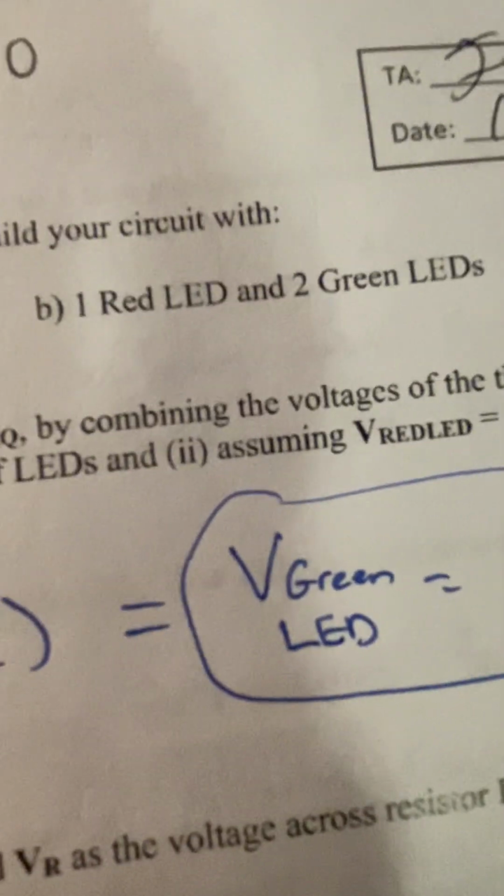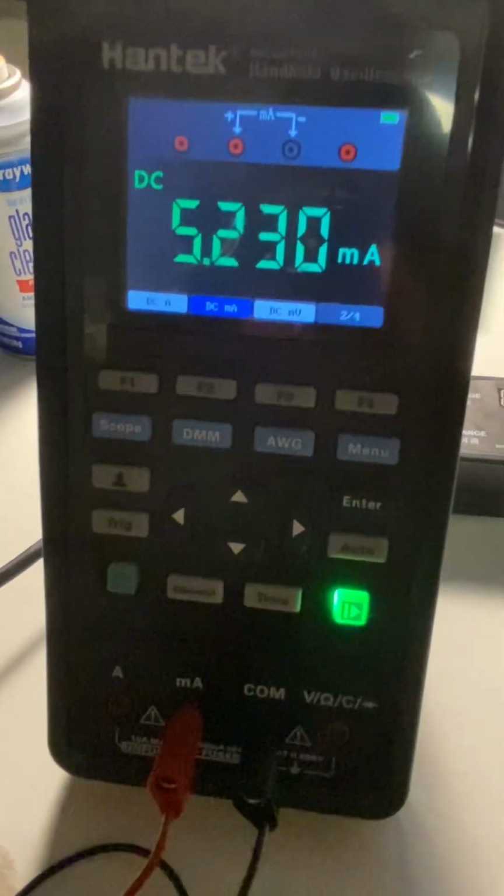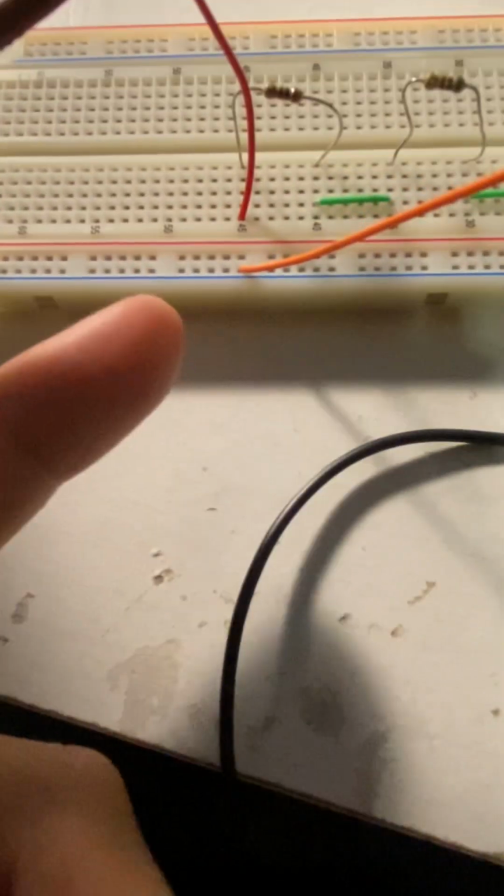Let me set up the circuit. And I'll do the current at the last resistor because it's easier to set up. So current at the last one is 5.23 milliamps, which is exactly the same one.